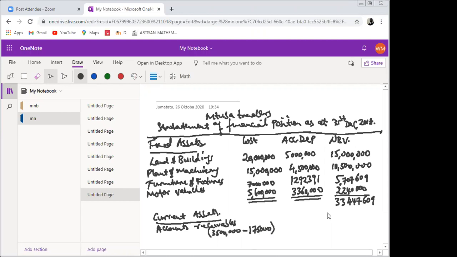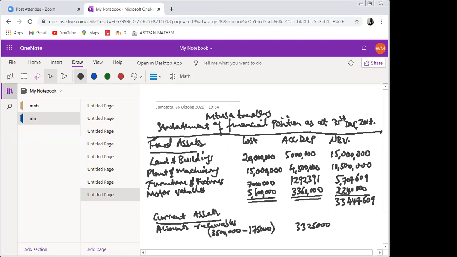Subtract for me that, 3.5 million minus 175,000. 3,325,000.